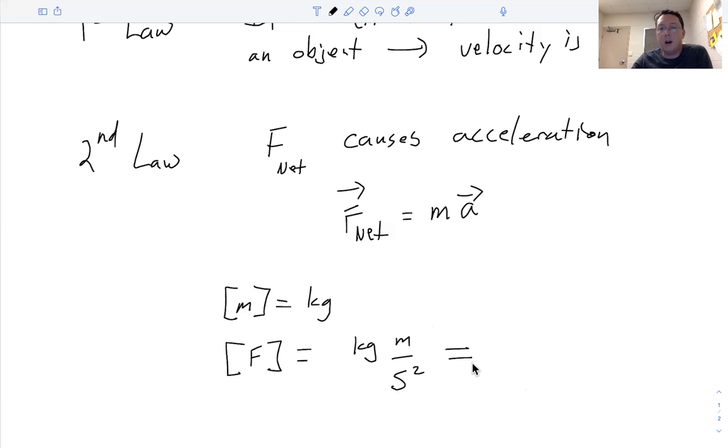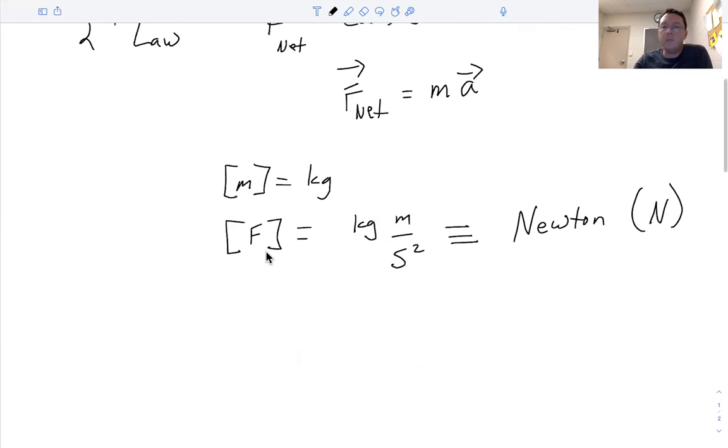So we're going to define that to be a Newton. A Newton is the name of the unit of force, and the symbol we'll use for that is a capital N. Okay, so that's just a quick summary of what hopefully you remember from last Wednesday.